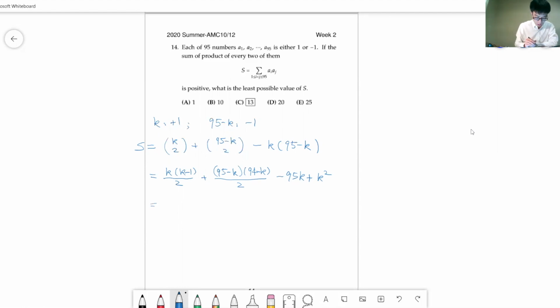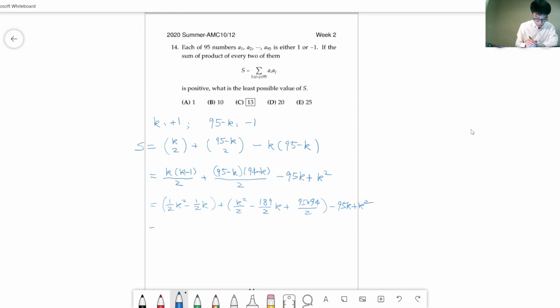So this is 1/2 k squared minus 1/2 k plus 1/2 k squared minus 189 over 2 k plus 95 times 94 divided by 2 and minus 95k plus k squared.